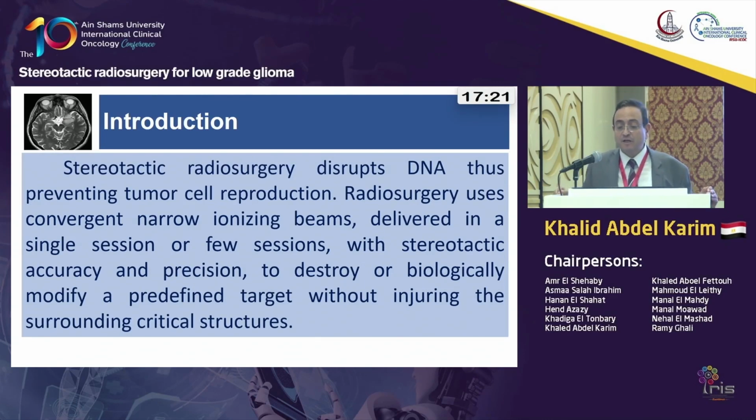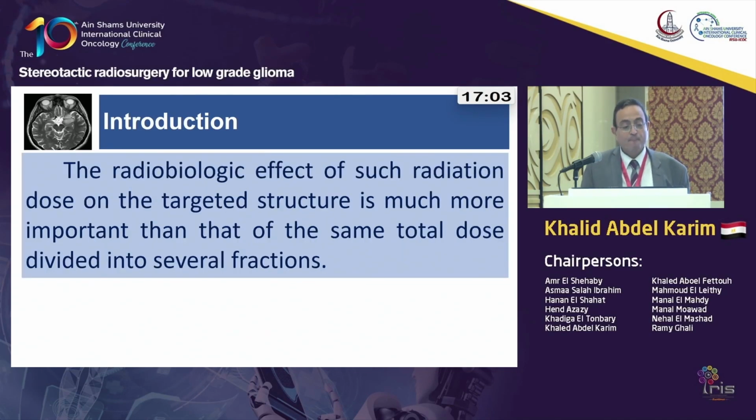Stereotactic radiosurgery disrupts DNA, thus preventing tumor cell reproduction. Radiosurgery uses convergent narrow ionizing beams delivered in a single session or few sessions, as I said, with stereotactic accuracy and precision.